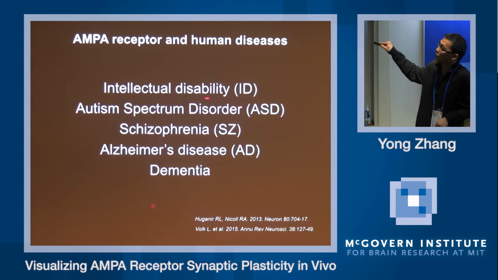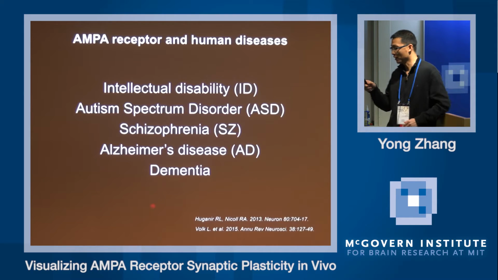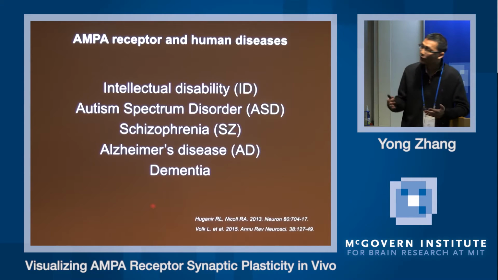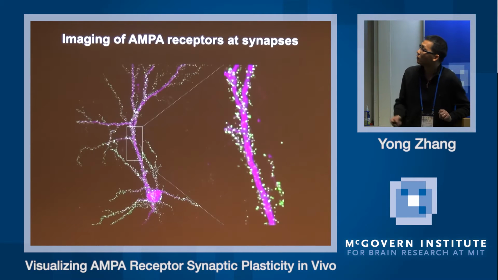For instance, intellectual disability, autism disorder, schizophrenia, Alzheimer's disease, and dementia. Again, due to the importance of AMPA receptors in synaptic plasticity and overall brain function, it's a very hot field of study for scientific research.